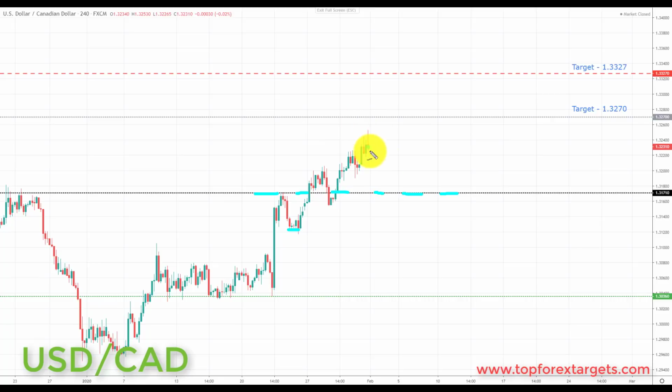So very simply put, going into this week, if we do get a pullback and if we can test broken resistance turning support at the 1.3171, this is an area we can start to look for bullish setups. And we would be looking at initiating longs up towards the target set from last week in the next key area of resistance to the upside at the 1.3270. And if we can get a break through here, we're going to be looking up towards the next key area of resistance to the upside and target 2 at the 1.3327.